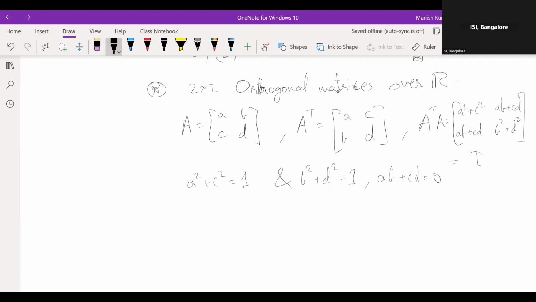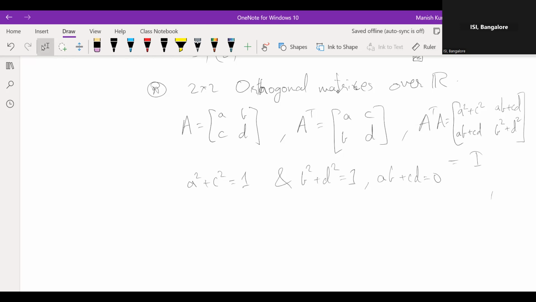So from here, we have to conclude that it has to look like one of these. In other words, (A, C) and (B, D) should be orthogonal vectors, and their norm should be 1. (A, C) is a vector in R2 and its length is 1.